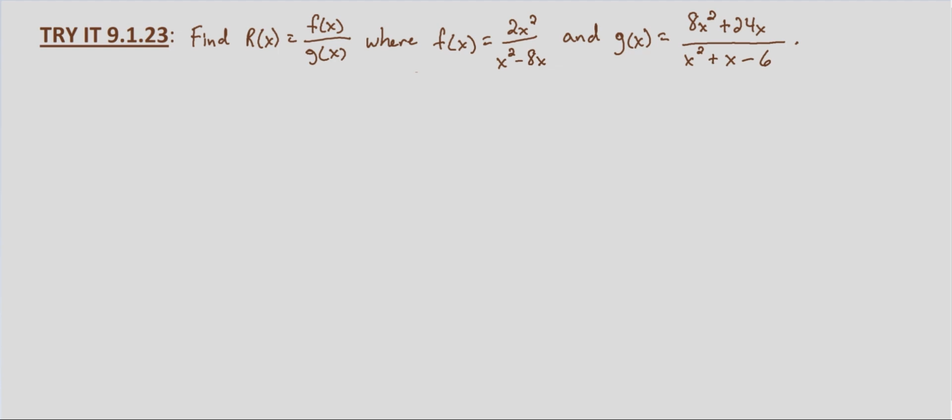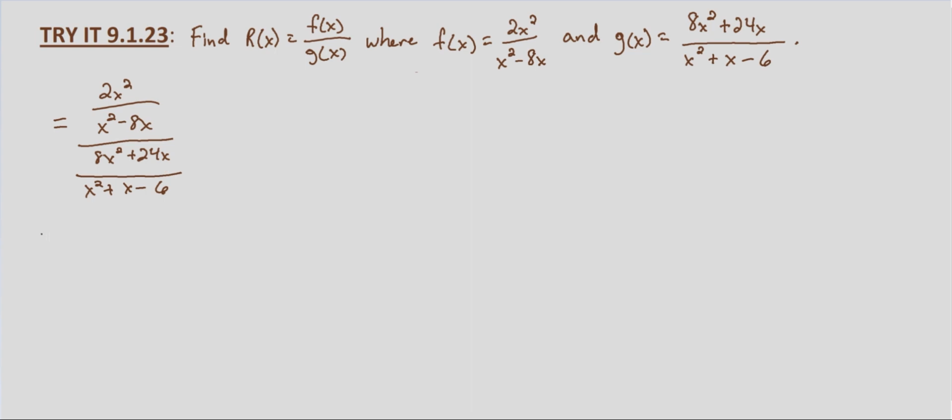We can write it down as the expressions in a division problem. So f of x is 2x squared over x squared minus 8x, and that's all over g of x. So 8x squared plus 24x divided by x squared plus x minus 6.